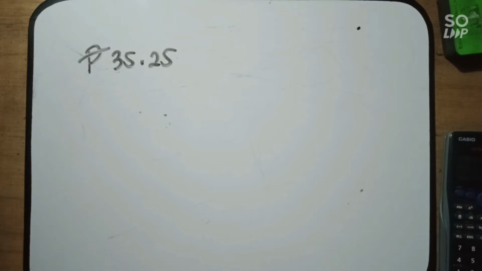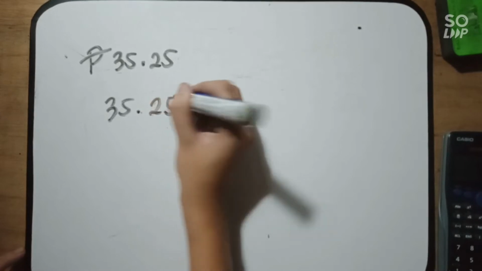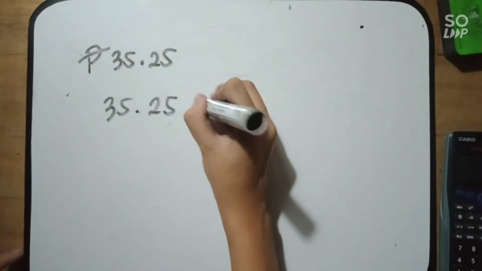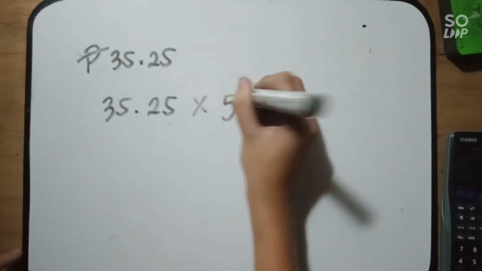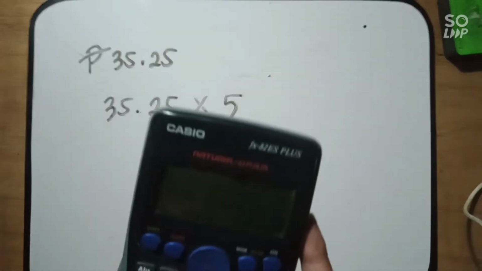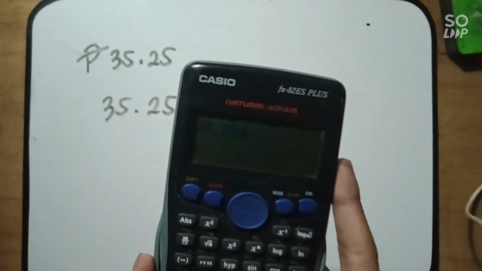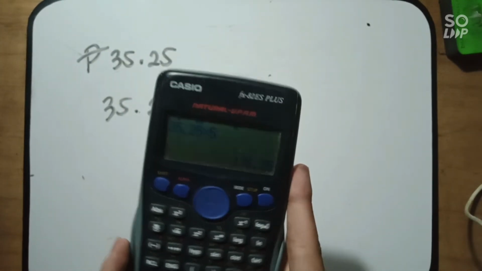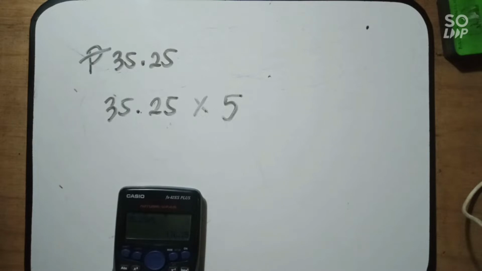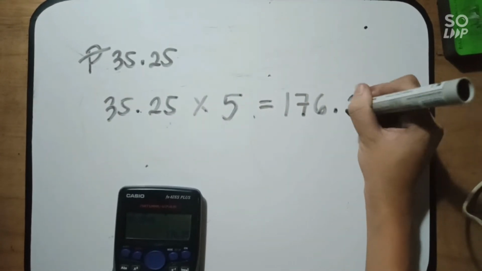So in this situation, we only need to multiply 35.25 times 5 pounds. So with the use of a calculator, 35.25 times 5 is equal to 176.25.